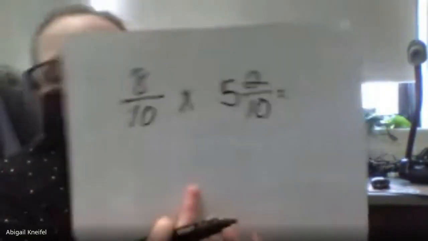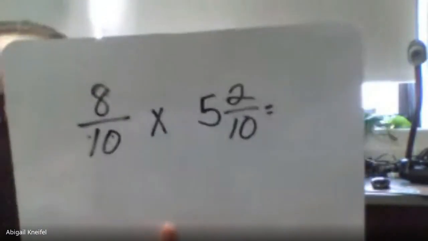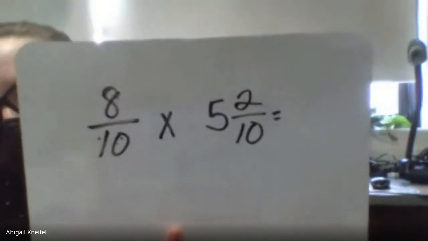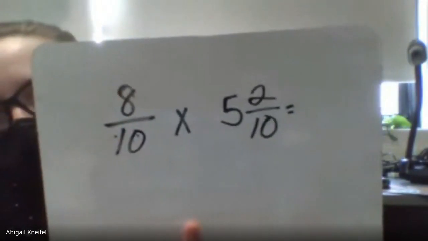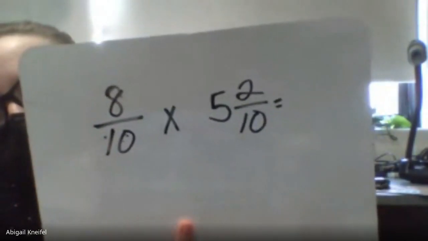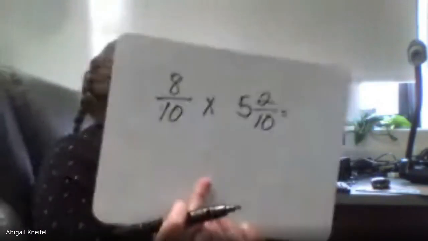These numbers might be a little bit bigger, and that's okay. You can still do it. Still same steps, even if the numbers get a little bit bigger. You can do it.